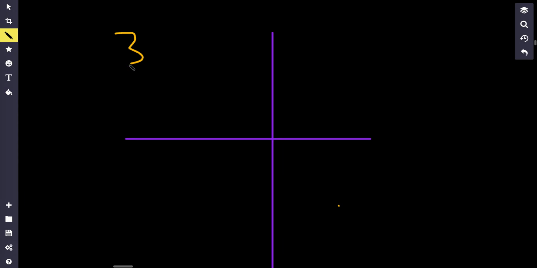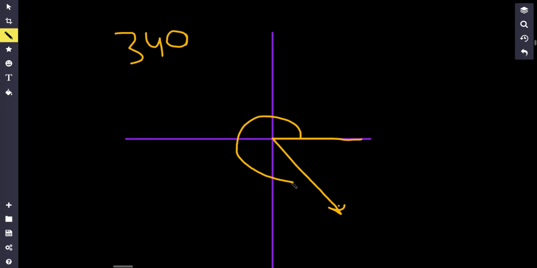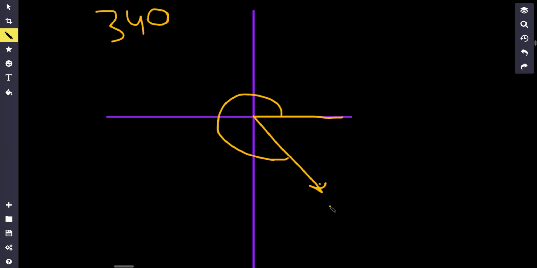Finally, let's say I have a 340-degree angle. A 340-degree angle lands in the fourth quadrant. It's less than 360, but it's greater than 270. This is 270, this is 360, one loop. It's in between these two angles, so it must be here.